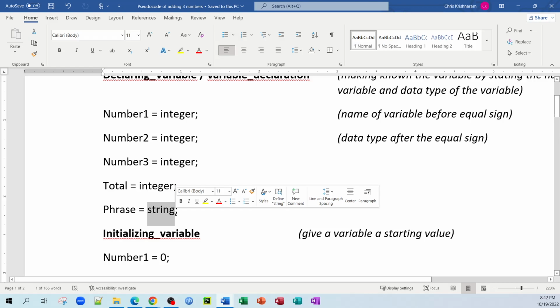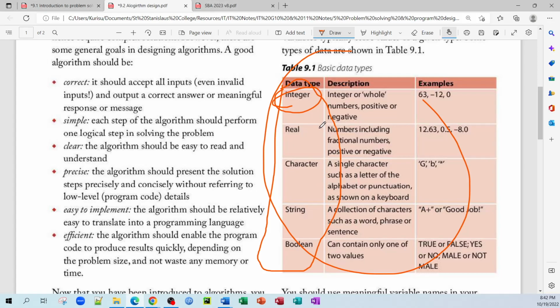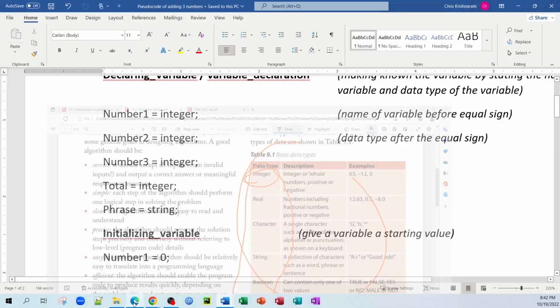The only difficulty you can have is deciding what data type to use. That can be the issue, because you have to select what is the most appropriate data type. And since we already know the difference between each data type, you basically just have to deduce.